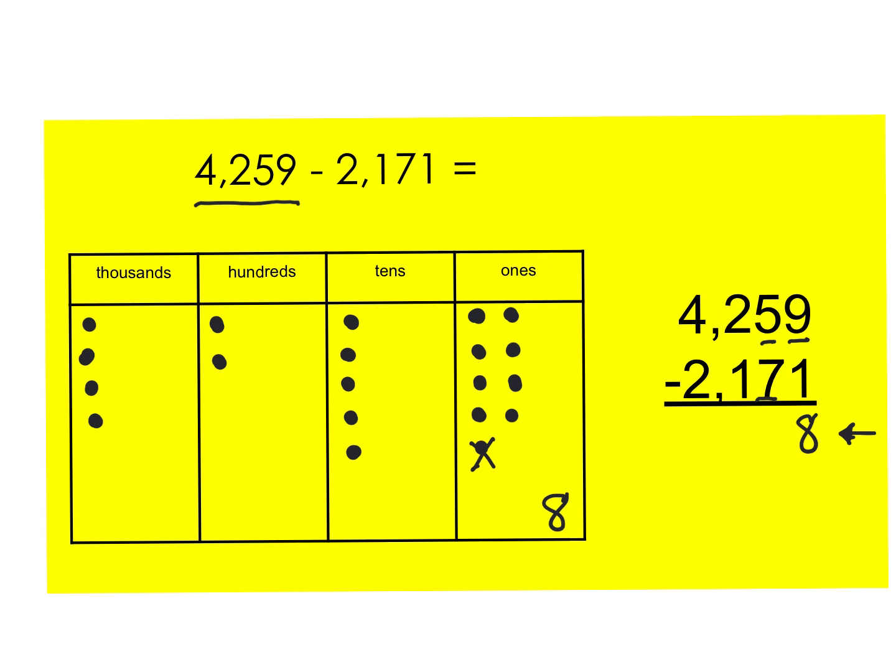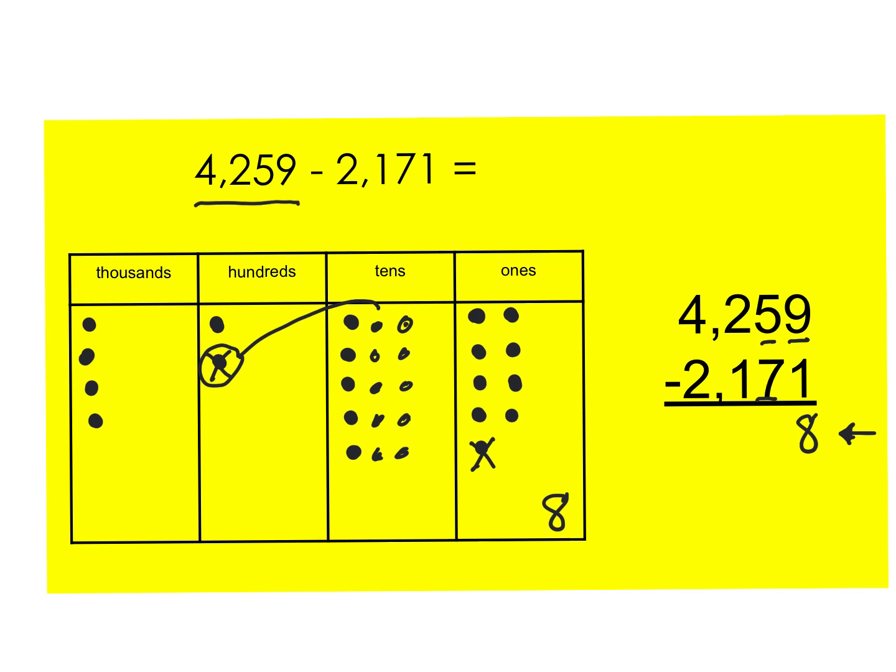So I'm going to take one of these, and I'm going to unbundle it over here. So I'm going to have 10, 20, 30, 40, 50, 60, 70, 80, 90, 100. 10 of these equals one of these. Now I have enough.